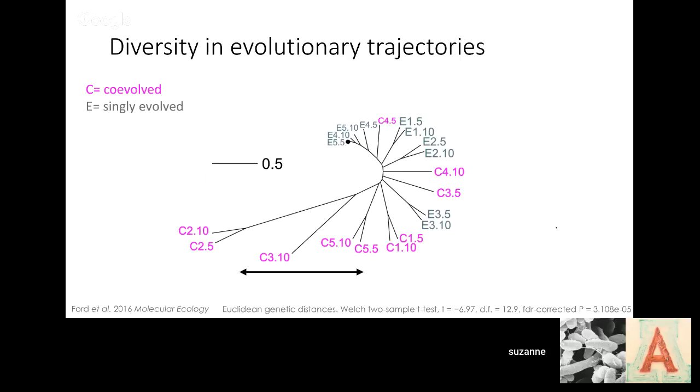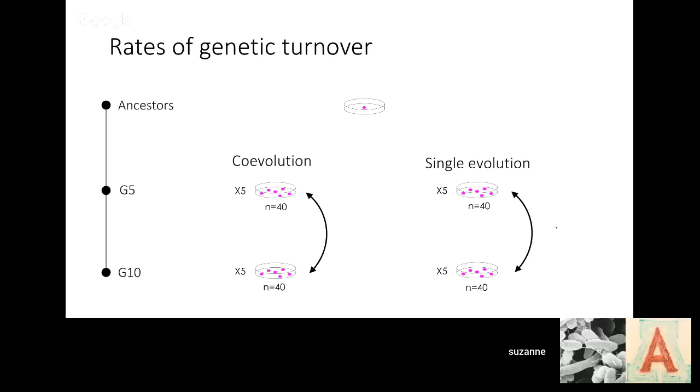And again, we do see that the coevolution with the defensive symbiont favoured more diverse evolutionary trajectories. So you can see that the branch lengths here between all of the replicate lines of the Coevolved treatment are much longer, and they're much further apart than the replicate lines of the singly evolved populations. So that's really cool.